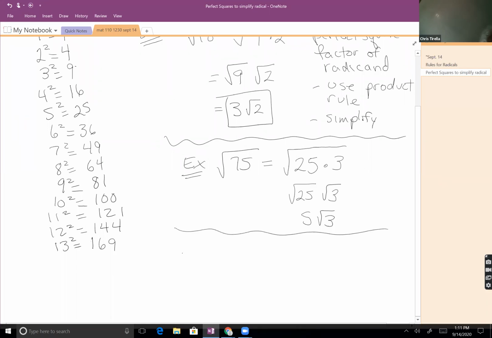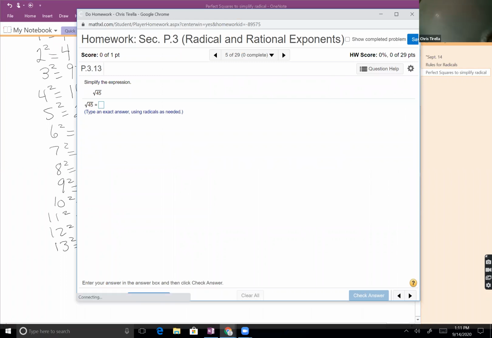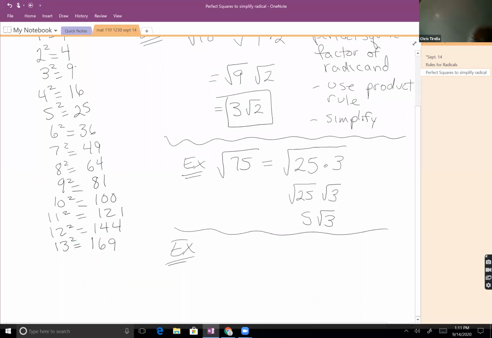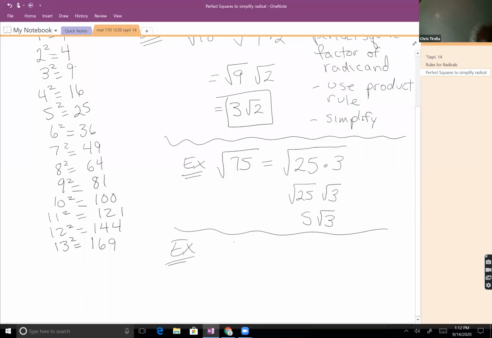Now, I think the one that we pulled up on MyMathLab asks us to simplify the square root of 45. If I look at the square root of 45, which of those perfect square factors goes into 45 evenly?